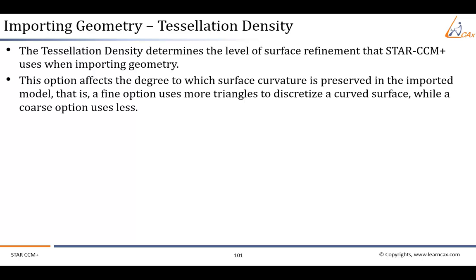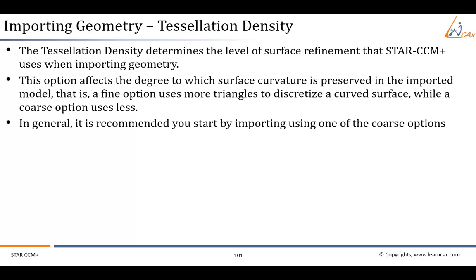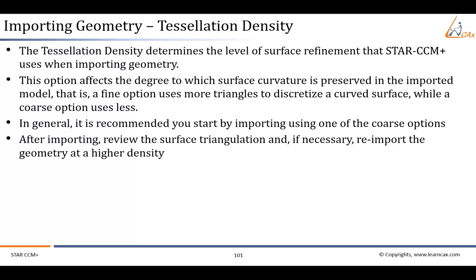That is, a fine option uses more triangles to discretize a curved surface, while a coarse option uses fewer. In general, it is recommended you start by importing using one of the coarse options. After importing, review the surface triangulation and, if necessary, re-import the geometry at a higher density.